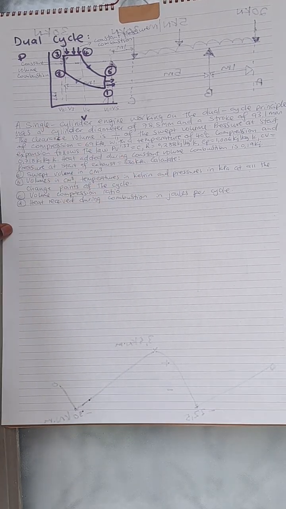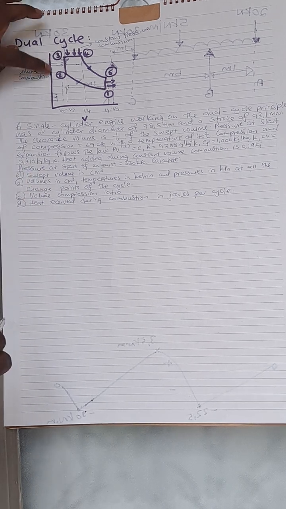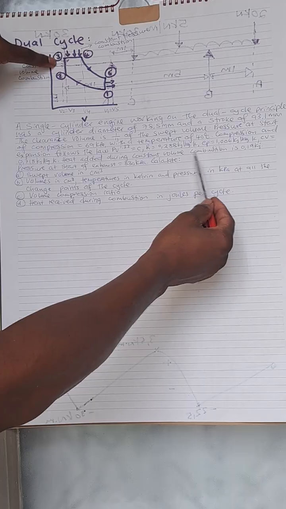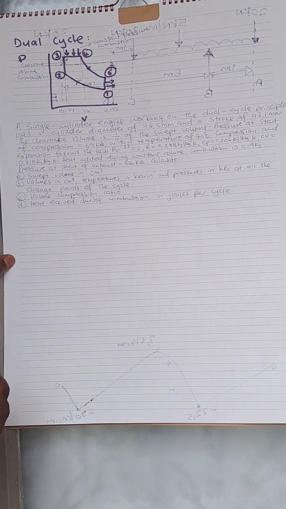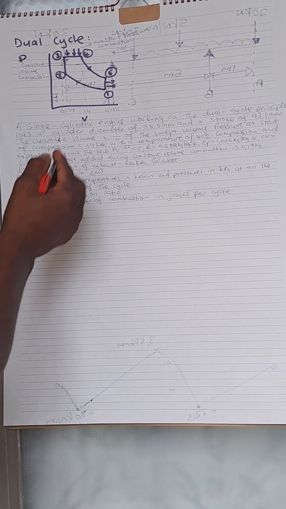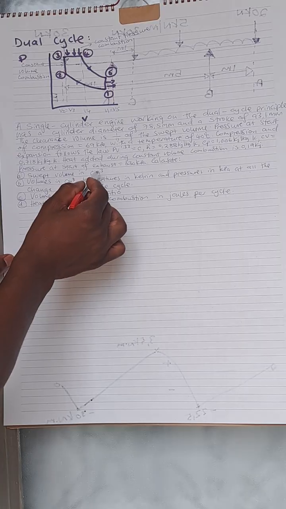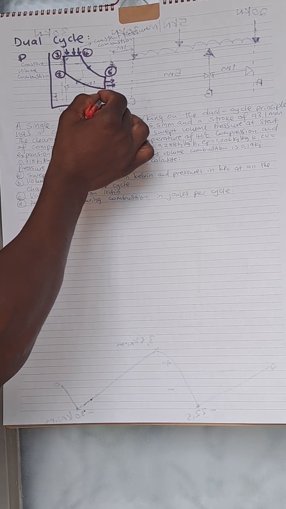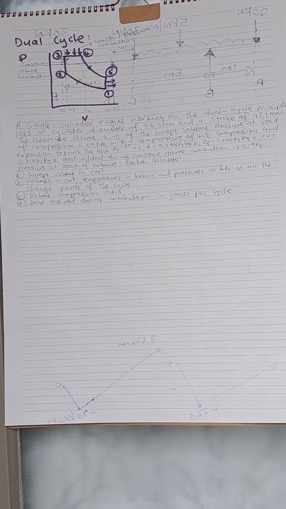The heat added between cardinals 2 and 3, which is our constant volume combustion, is 0.19 kilojoules. Pressure at the start of the exhaust. The exhaust starts from here. So the pressure at the start of exhaust, it is here, and then this point 1 becomes the end of heat rejection or the exhaust.